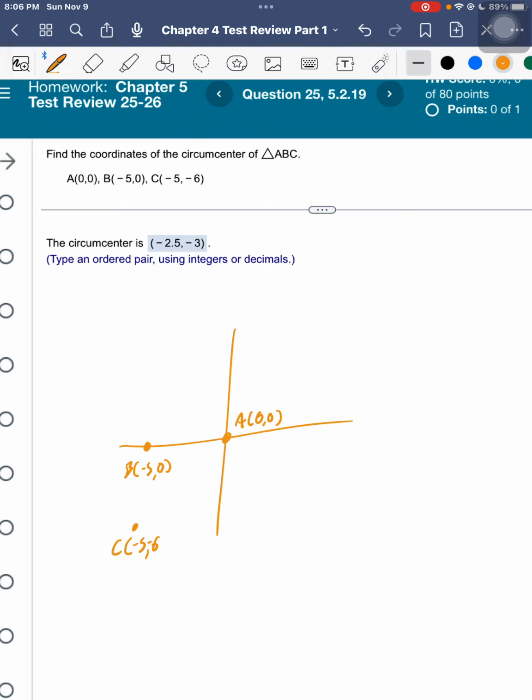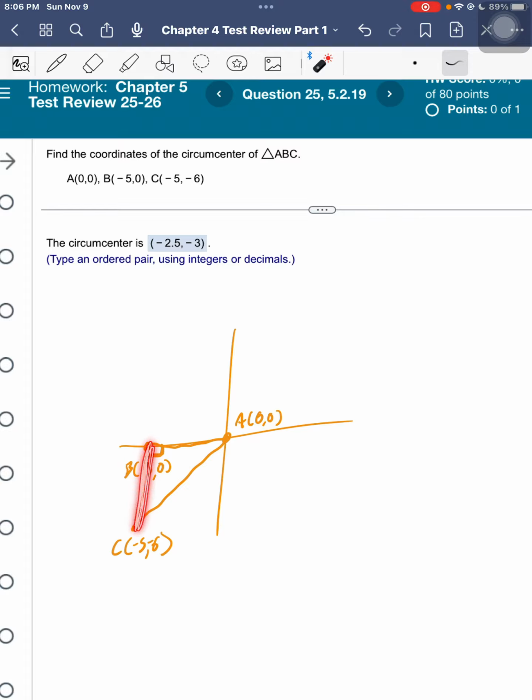For those of you who can already see where this is going, even without drawing it, there's a right triangle. How do I know? Because if I look at these coordinates, B and C share the same x coordinate, which means it is going to be a vertical segment.